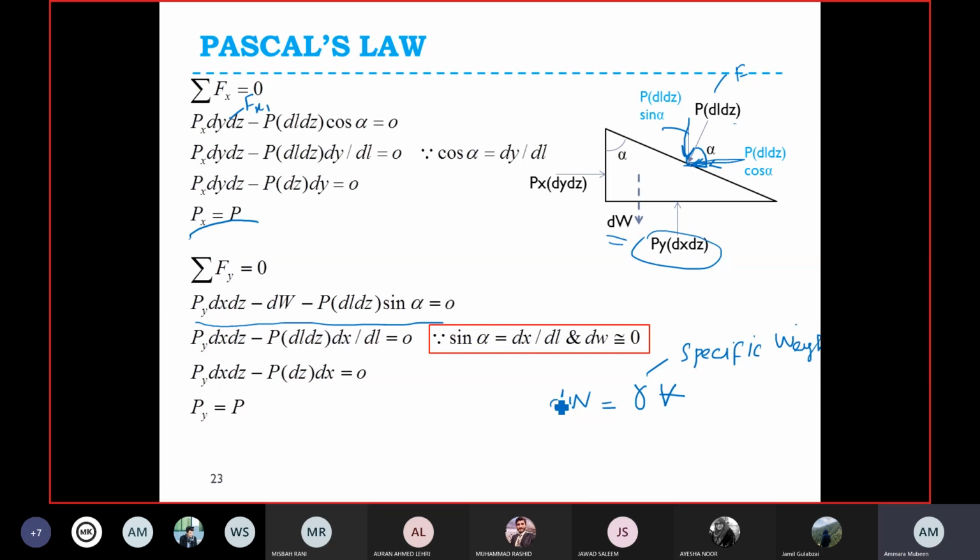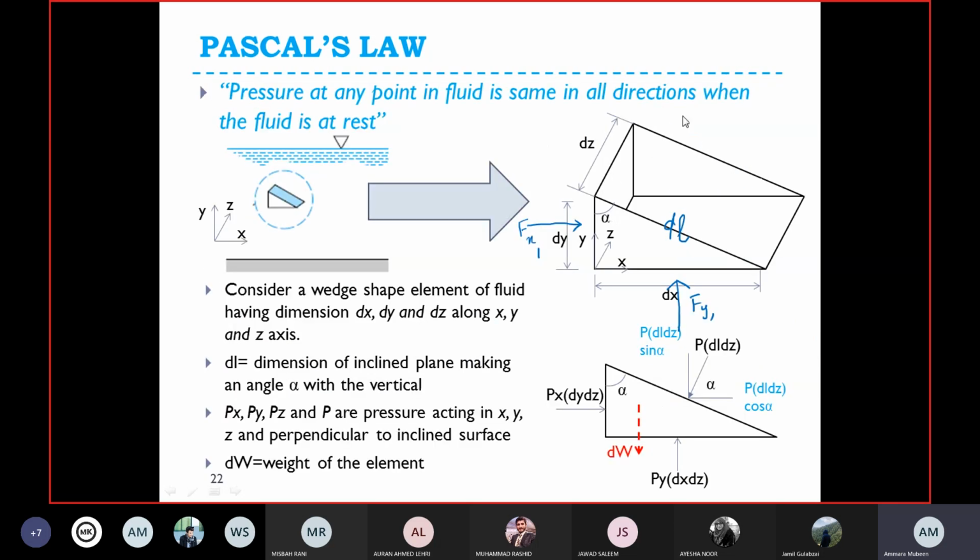Specific weight multiplied by the volume of this wedge element will give you the weight. Keep in mind this wedge element is a very small, differential element. How would you get the volume? The area of this triangle multiplied by the length of this wedge shape element.